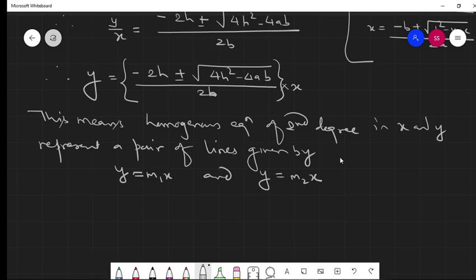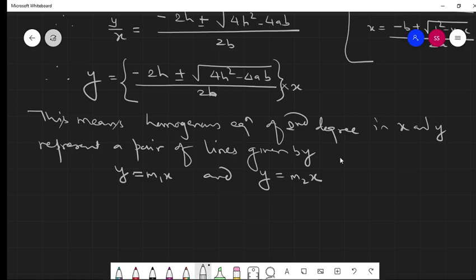If you may ask why minus h: yes, if I take 2 common here, it will be cancelled with the denominator. So m1 is minus h plus root under h square minus ab by b, and m2 is minus h minus root under h square minus ab by b, because the common 2 of this radical sign is cancelled, and we obtain the values of m1 and m2 in this way.